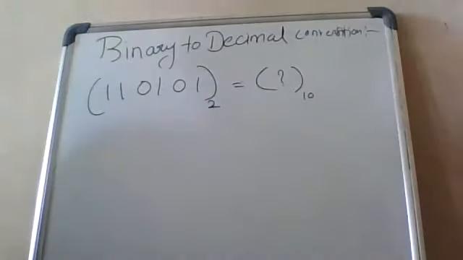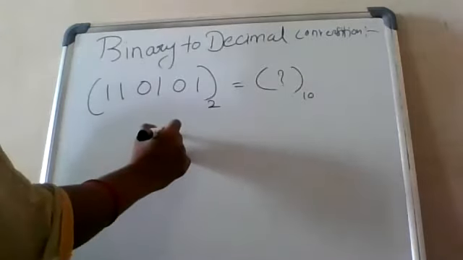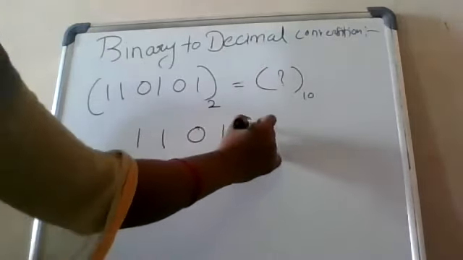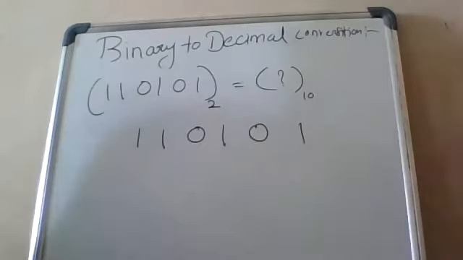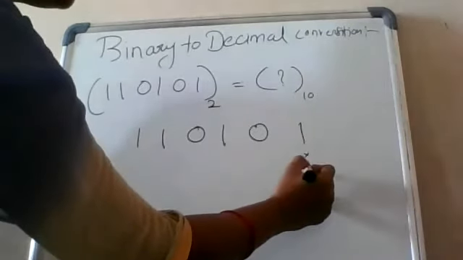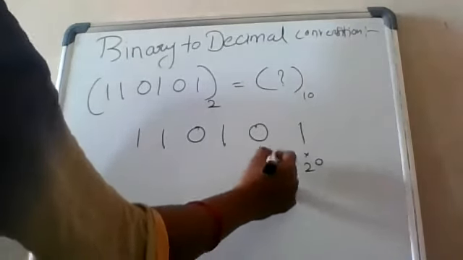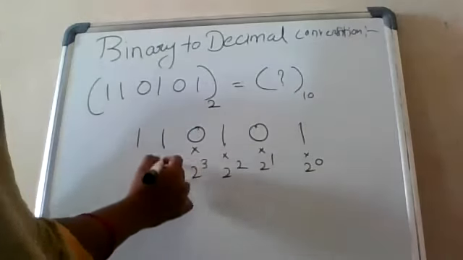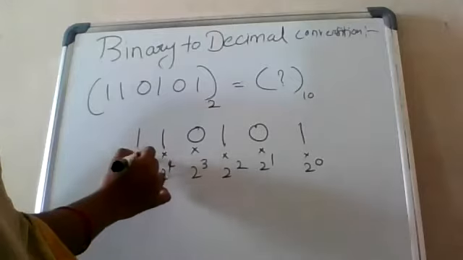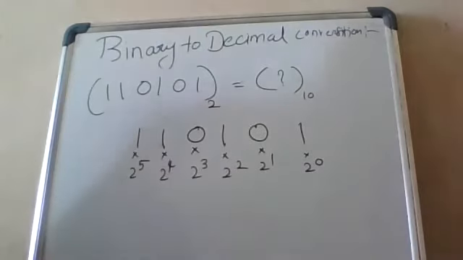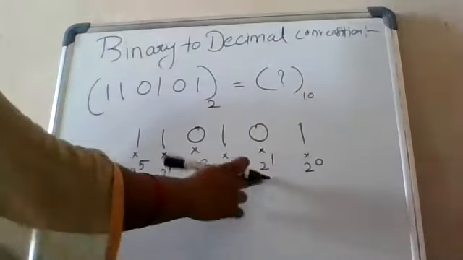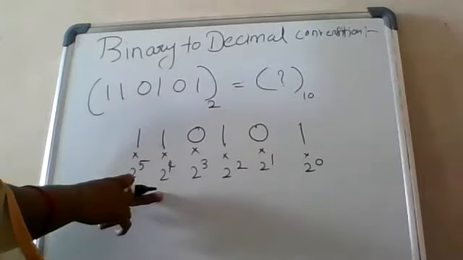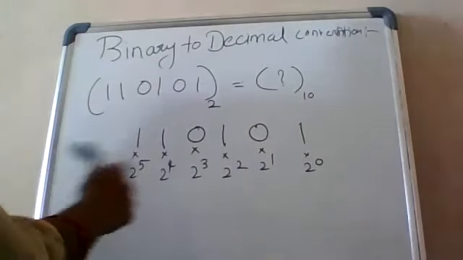This value is multiplied with 2 power 0, 2 power 1, 2 power 2, 2 power 3, 2 power 4, 2 power 5.